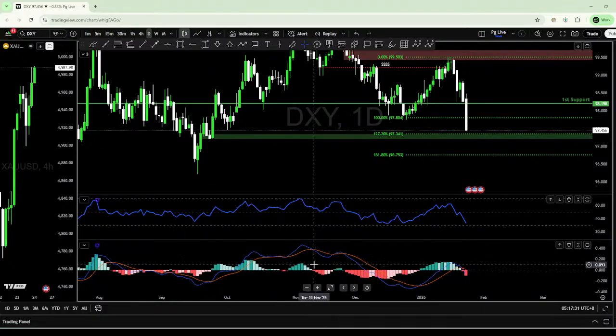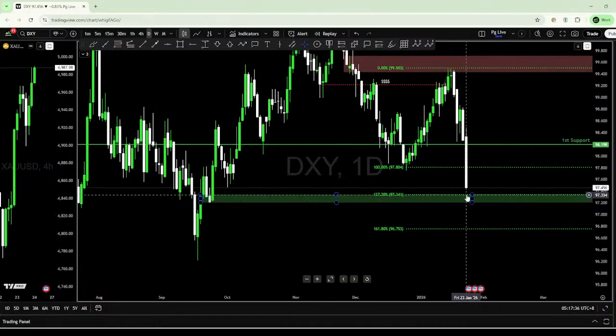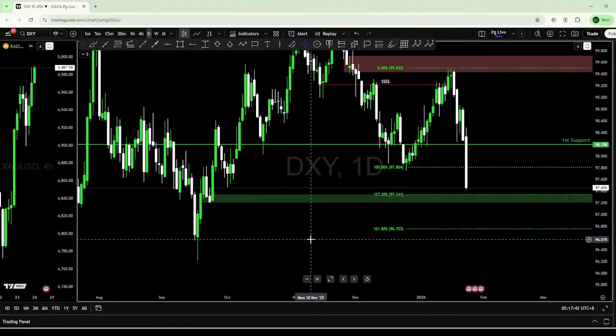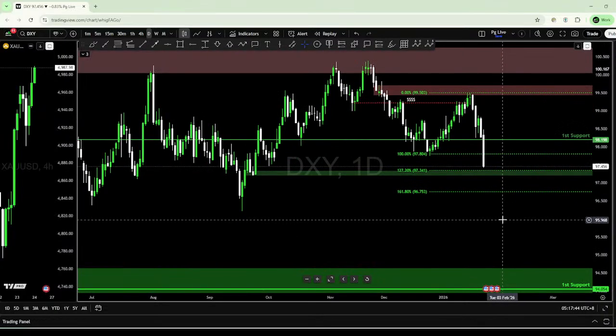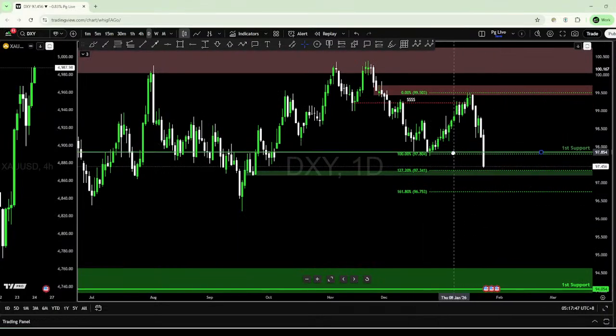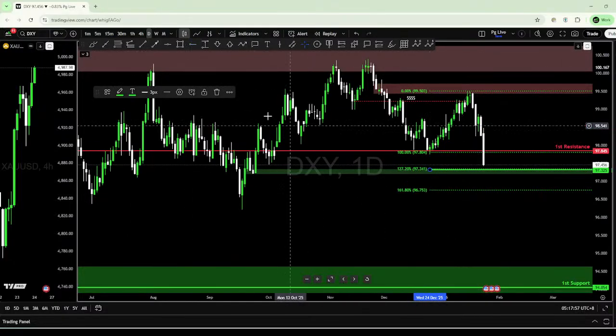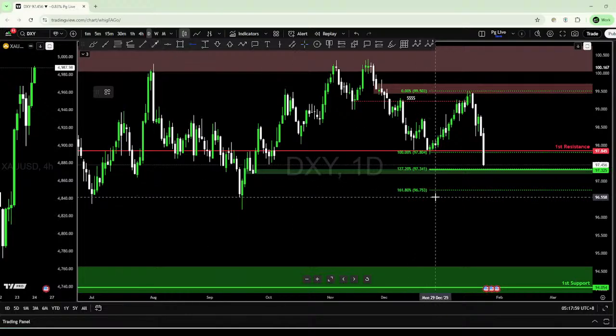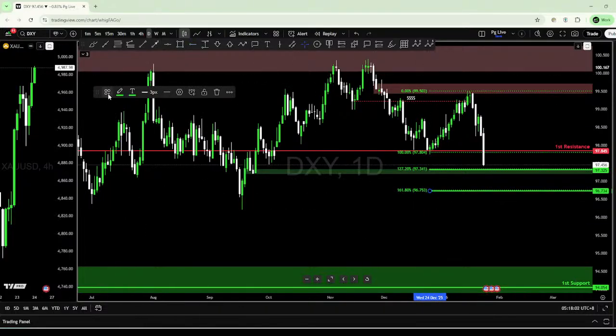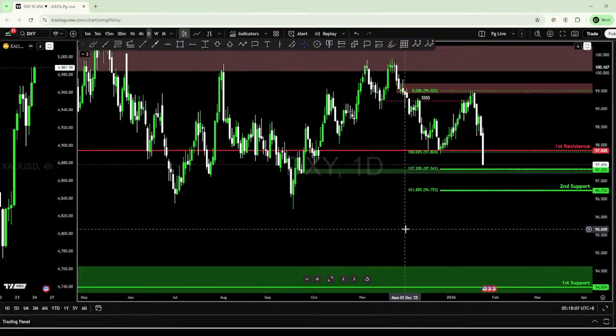Look at the indicator, that is the MACD as well. So at 97.5 or 0.34, we might see price falling here. From this zone, this is going to be our pullback resistance. This could be the potential first support, and this one could be the potential second support level for the D1 time frame, somewhere around here.